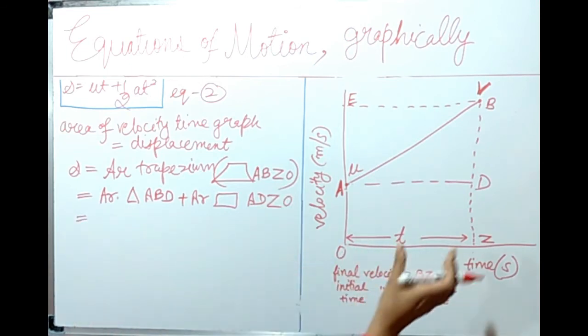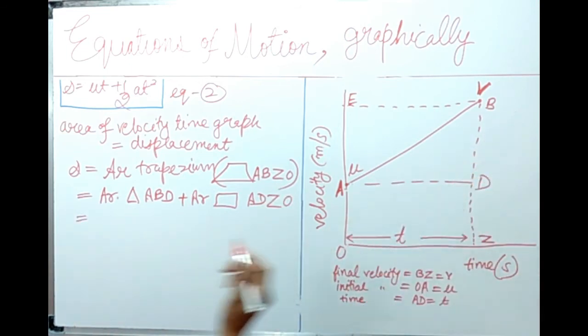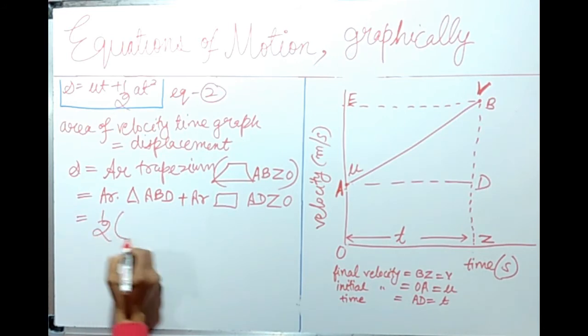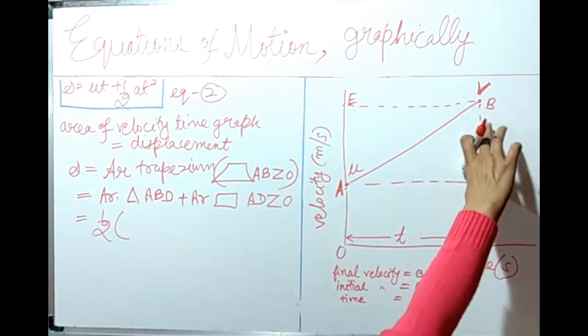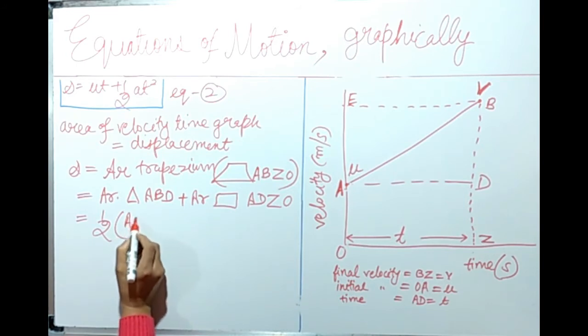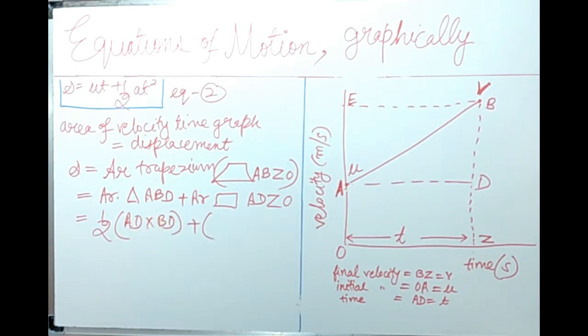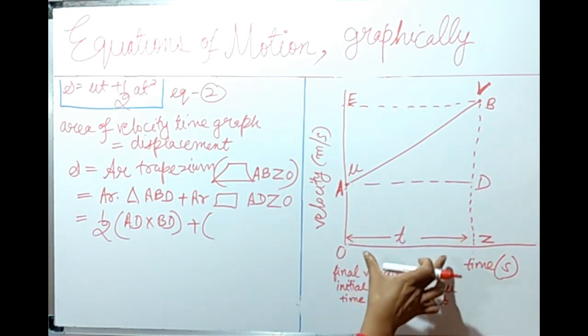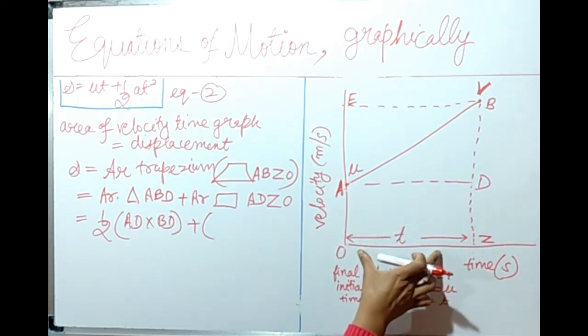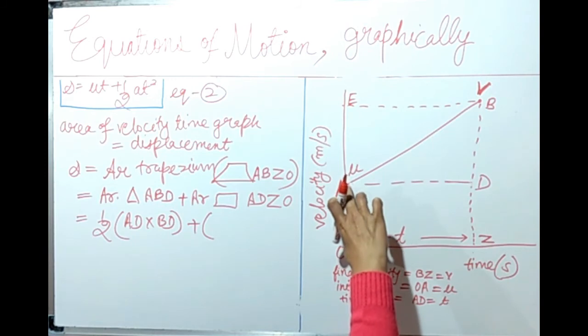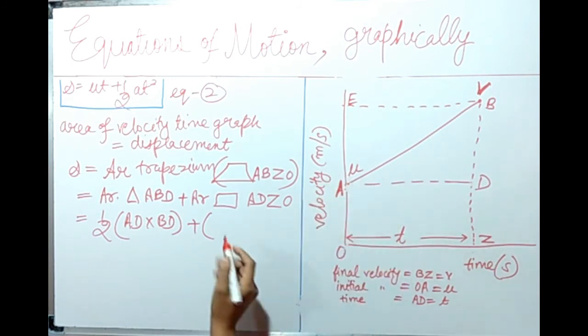Area of triangle is equal to half base into height. Base is AD and height is BD. Half base into height, half AD into BD. And area of rectangle is length into breadth. Length is this t and breadth is this u or OA.